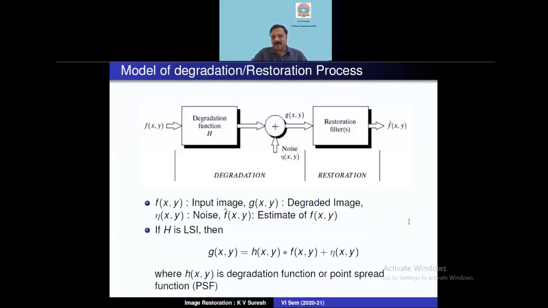Okay, I'll give a hint. What was the effect of a smoothing filter on edges? Yeah, blurring. I think Rakshita is correct. So noise was removed, but that was at the cost of blurring.